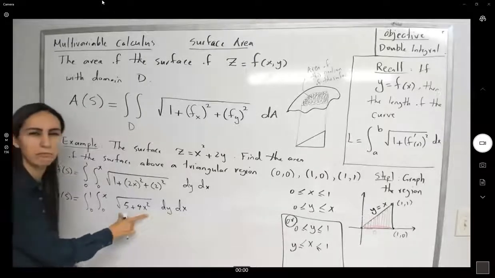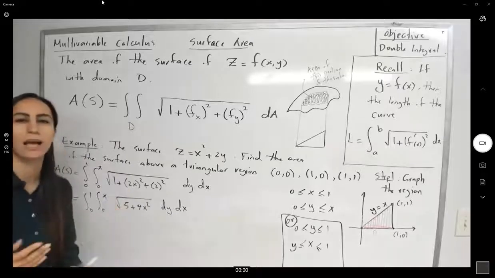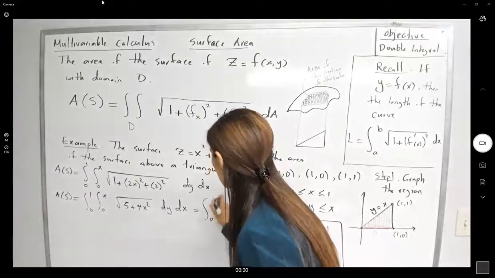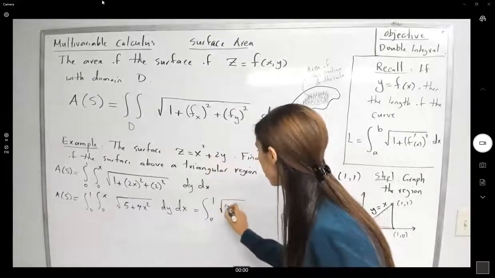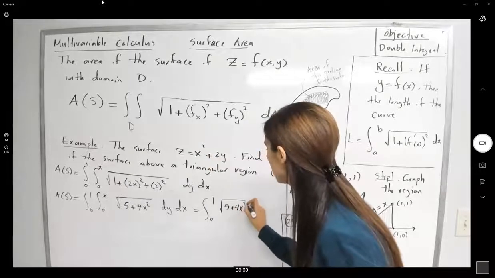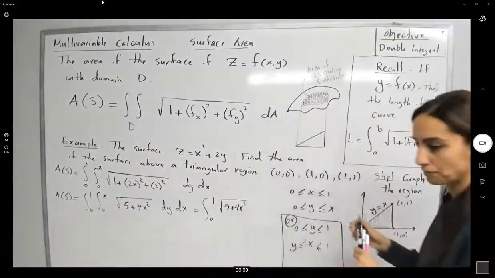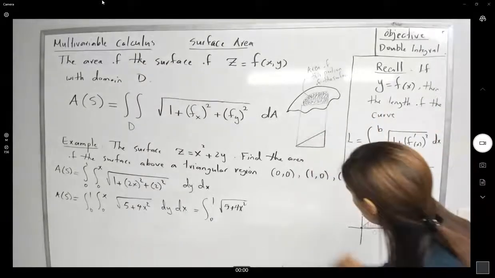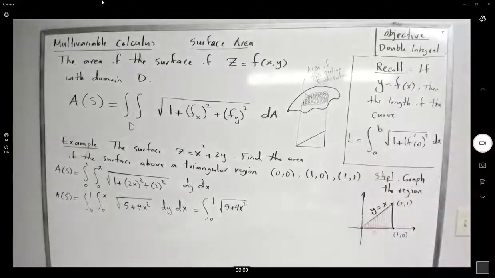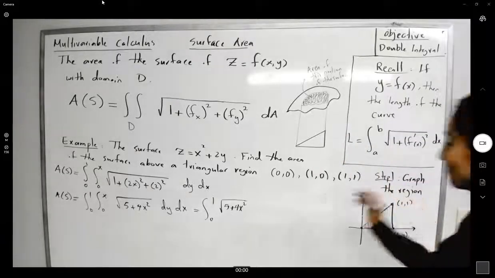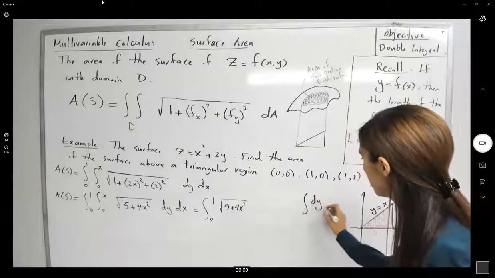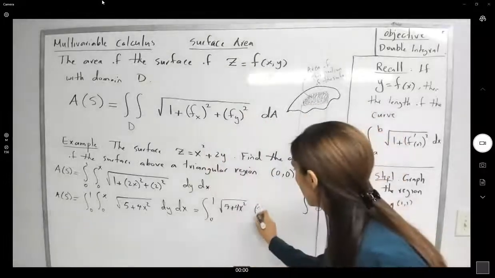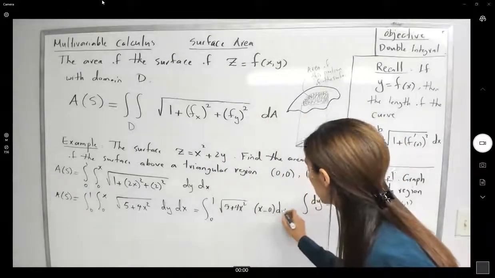This guy doesn't have any y, so it is just a constant. What I get is the integral from 0 to 1 of the square root of 5 plus 4x squared, and the integral of dy is just y. So this is going to be x minus 0, dx.